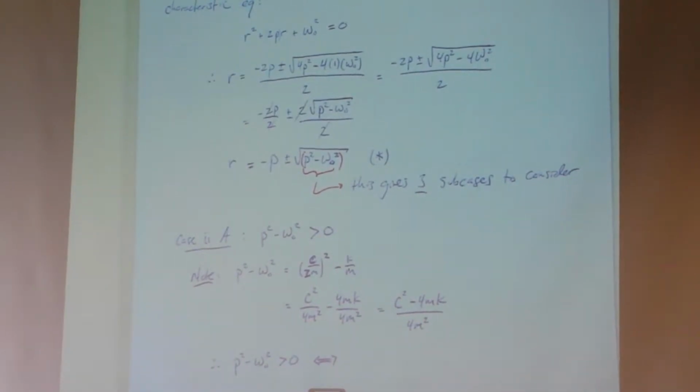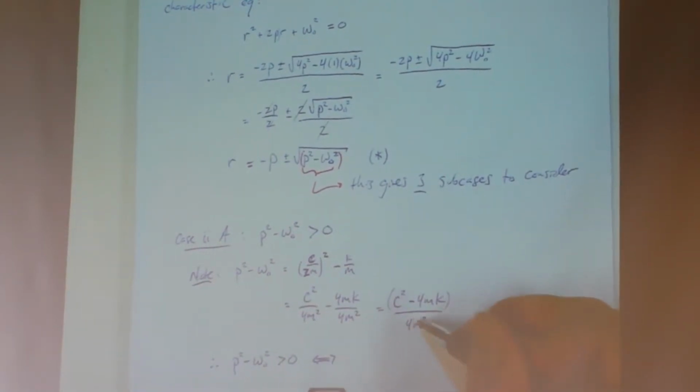Equivalent. Right, equivalent. So, saying that p squared minus omega naught squared is greater than 0 is just equivalent to saying that the numerator is positive, right? The denominator is always positive. So it's equivalent to say c squared minus 4mk is greater than 0, which is totally equivalent to saying that c squared is greater than 4mk.